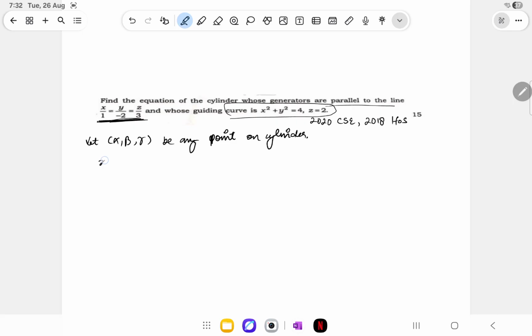So my equation of the generator line will be x minus alpha upon 1, y minus beta upon minus 2 is equal to z minus gamma upon 3. This is my generator line, and the cylinder is formed by this as the guiding curve. So this curve must be intersected by this generator line, so z must be equal to 2 here.